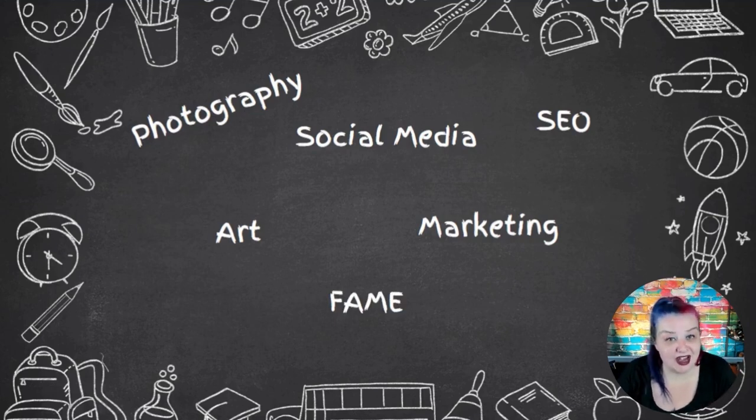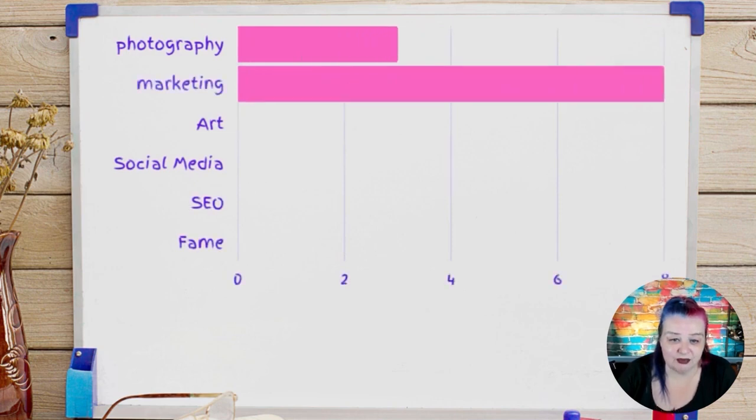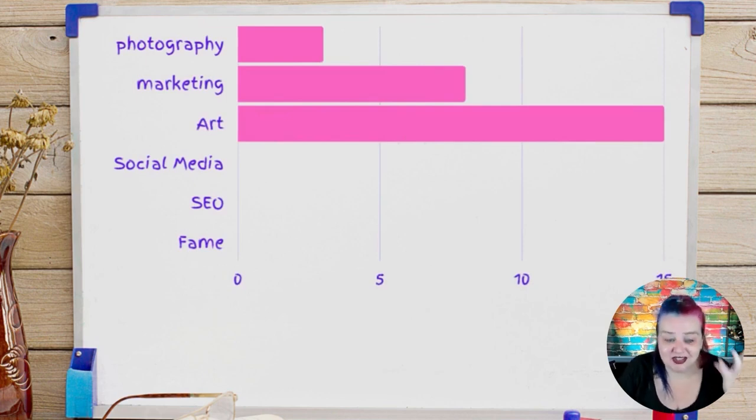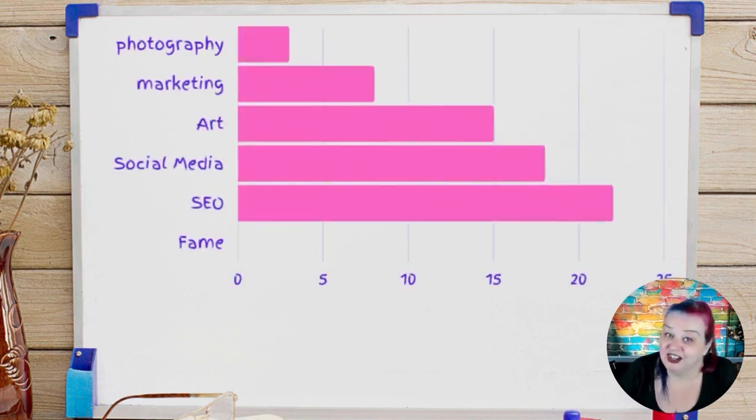Now, that's not necessarily an easy one to work on, but let's think about what we can do with all of these things. If you think about it, everybody has a different skill set. You might be kind of good at photography, but you're an expert in marketing. Or your art is just absolutely amazing. Your social media game's amazing, or you're kind of good at SEO.